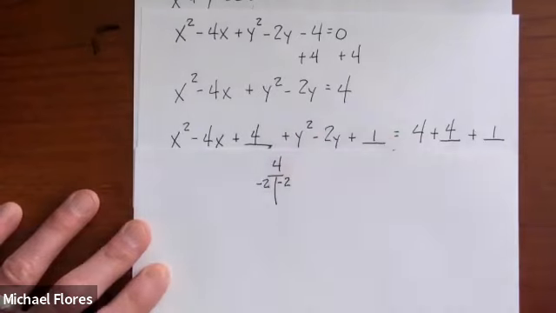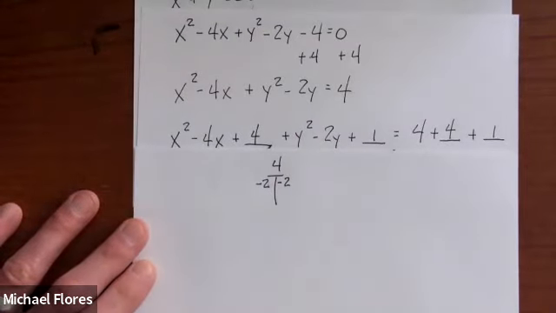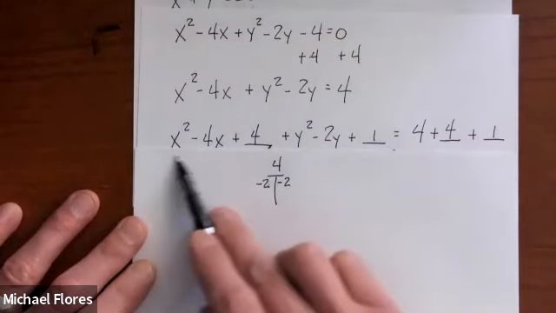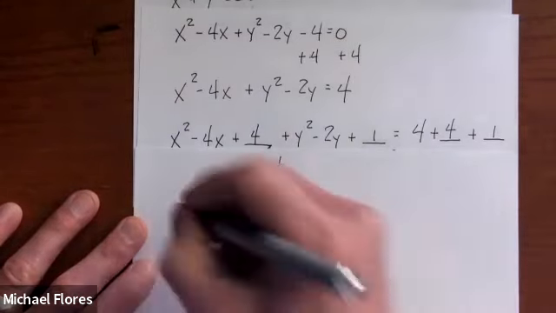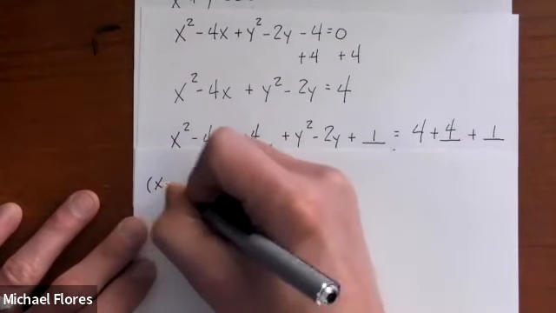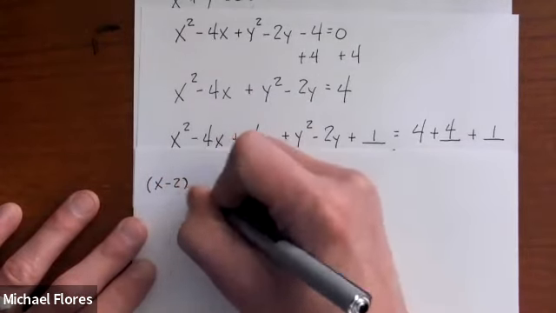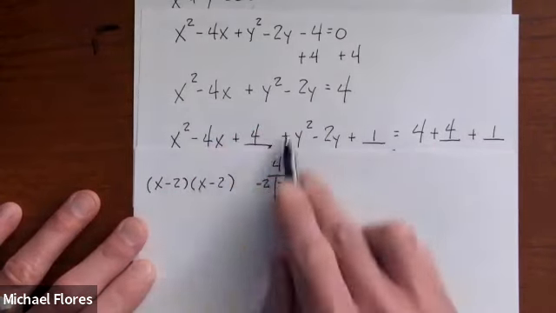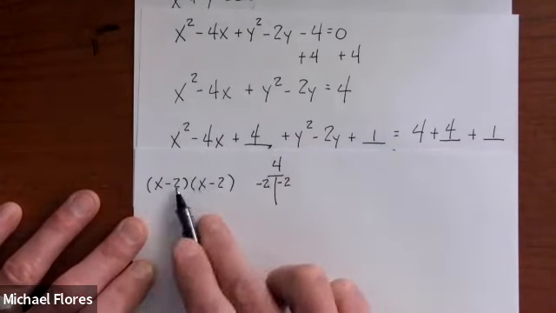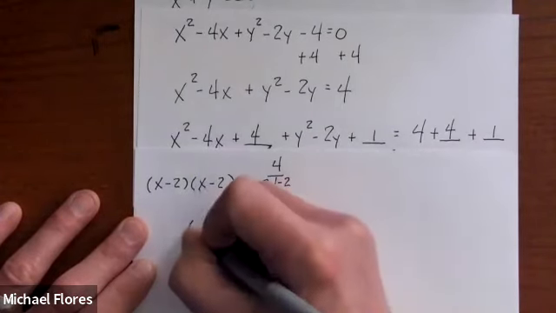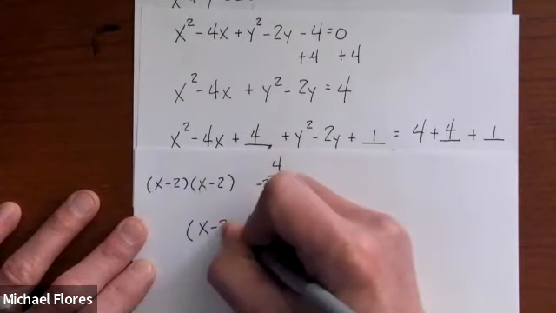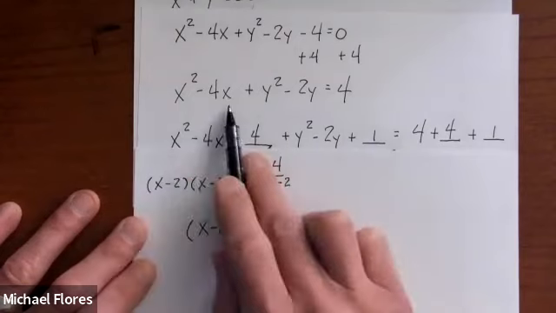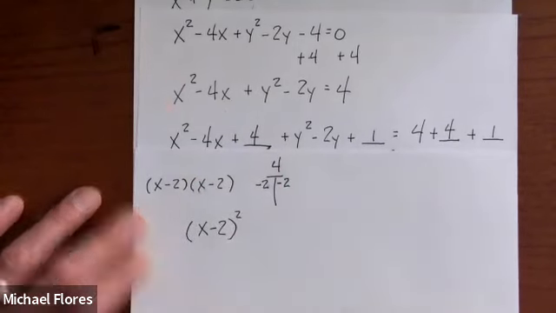Now you could group them and then factor by grouping. But since our leading coefficient is 1, I'm going to do the shortcut. You could just take these factors and plug them right into parentheses. So this factors to this, and since they're exactly the same, we only need one of them and square it. So this simplifies to this when we factor.